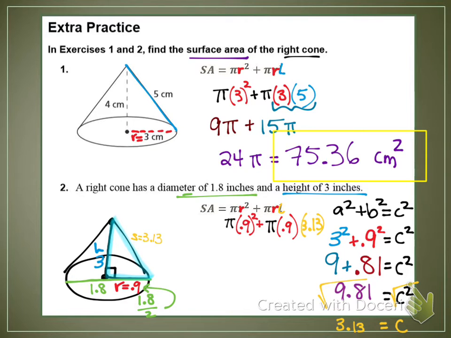Either way you're doing this, you're going to end up multiplying a lot. But this is 0.81 pi, because squared is 0.81, plus, what is 0.9 times 3.13? It's going to be a lot of decimals. 2.817. You can add them together.